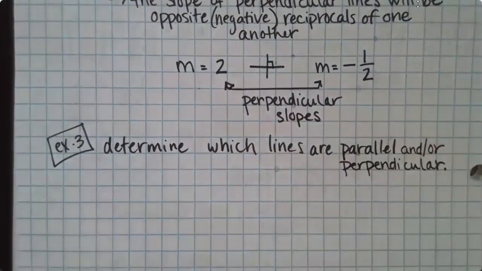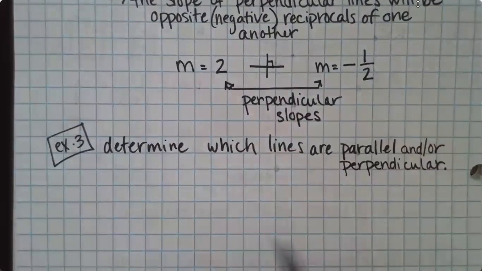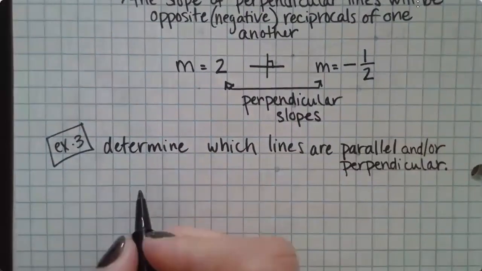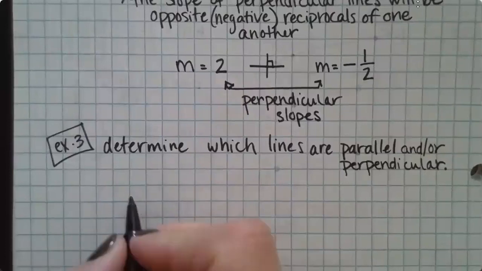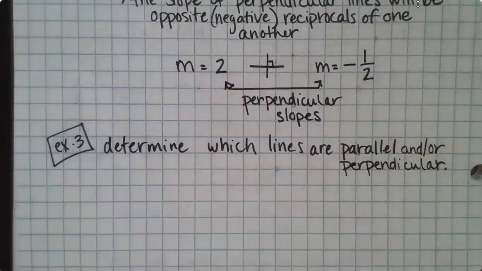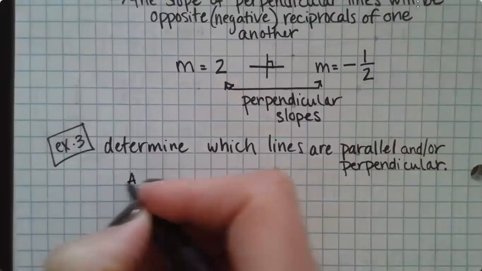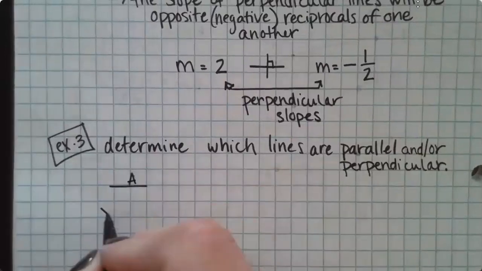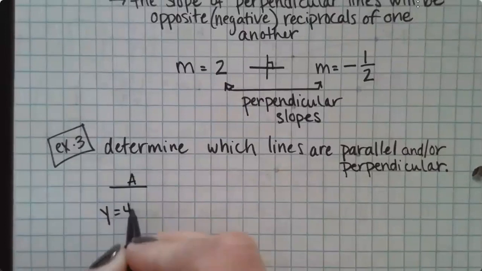Now in this example, they give us equations of lines, so we don't have to solve from points. In this case, they give us line A. And the equation of line A is y equals 4x plus 2.